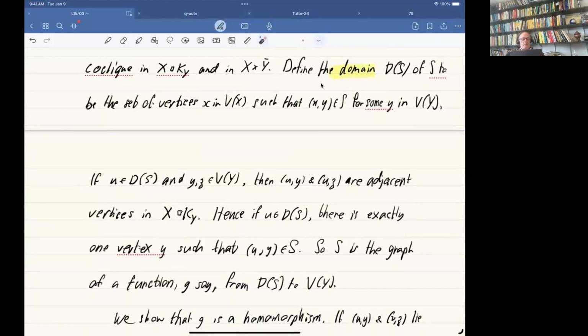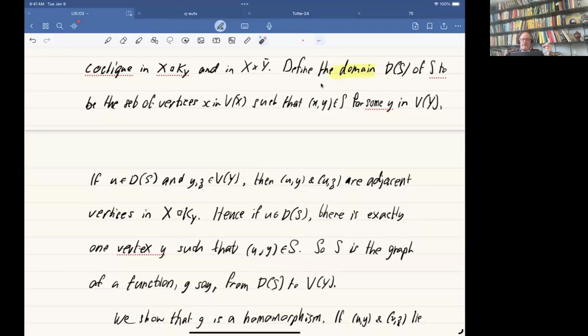Now the claim is, if u is in the domain and y and z are vertices in Y, then (u, y) and (u, z) are adjacent vertices in the Cartesian product here. So this tells us that if u is in D(S), there is exactly one vertex y such that (u, y) is in S. So S is not just the graph of some relation, it's actually the graph of a function.